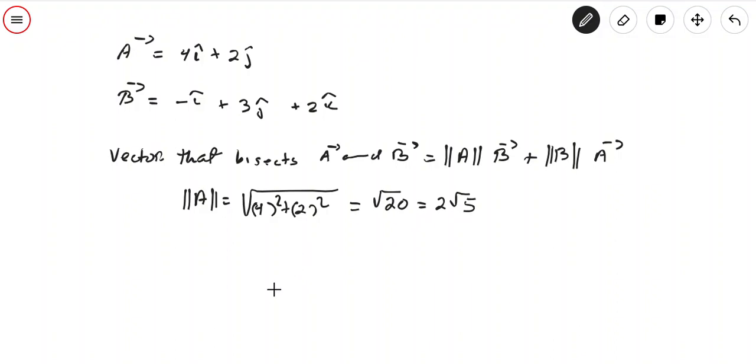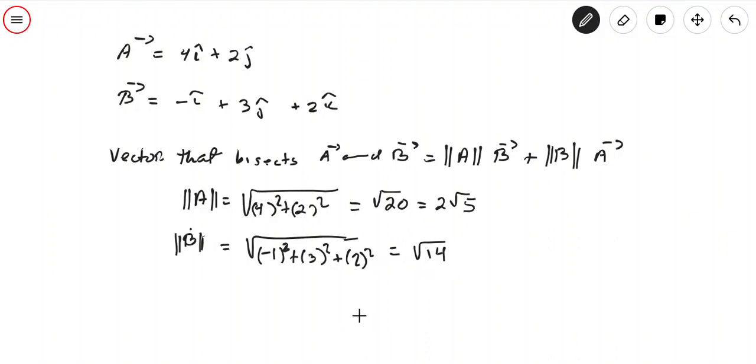Then you find the magnitude of the vector B, the square root of negative 1 squared plus 3 squared plus 2 squared. So this would be 1 plus 9 plus 4, the square root of 14.